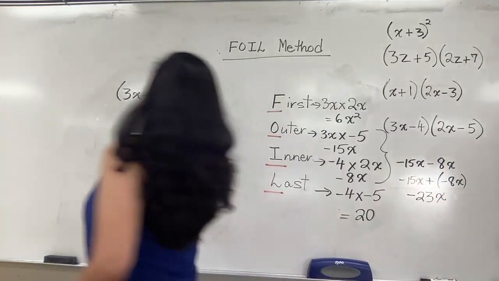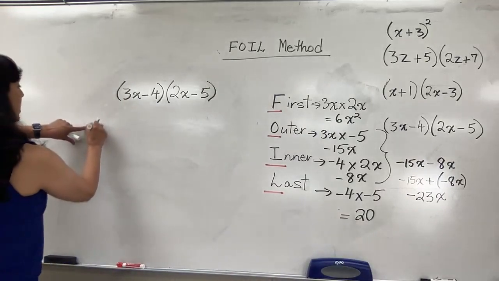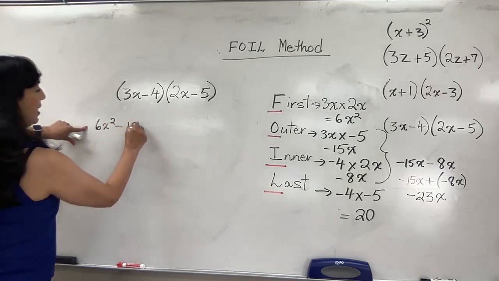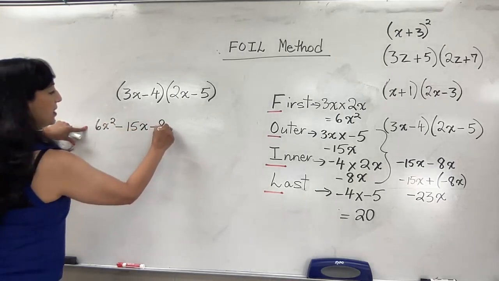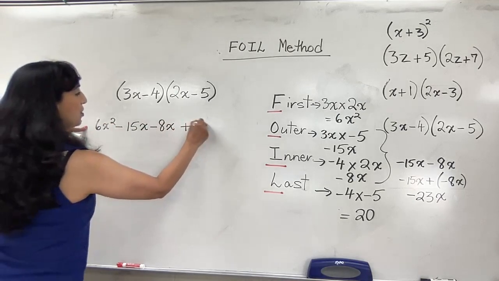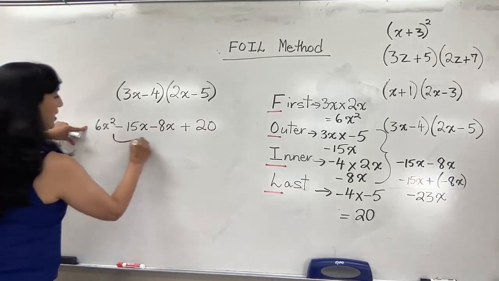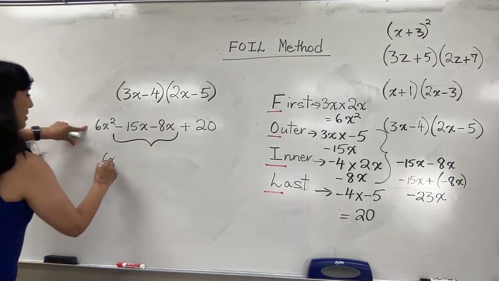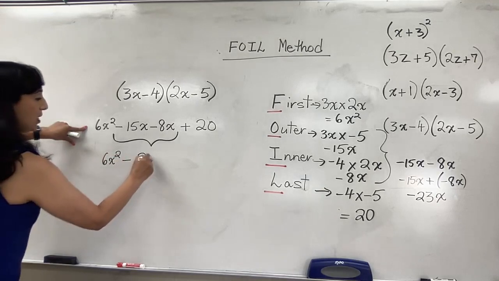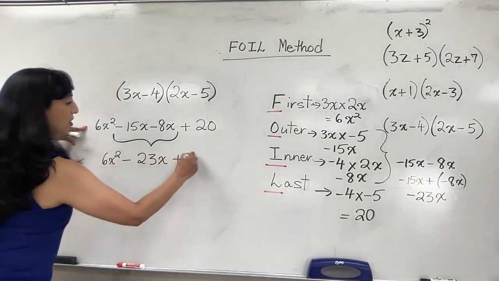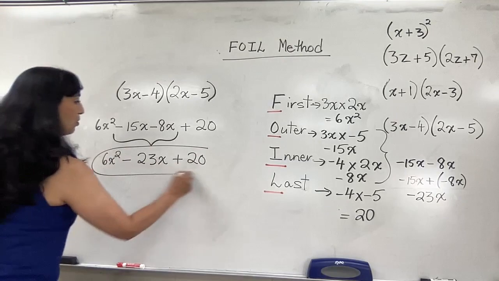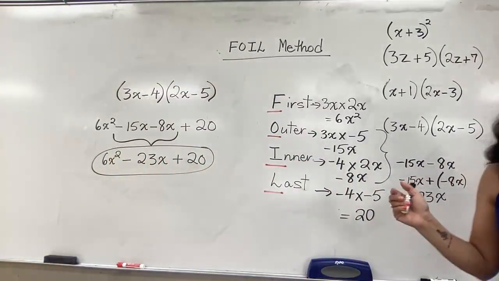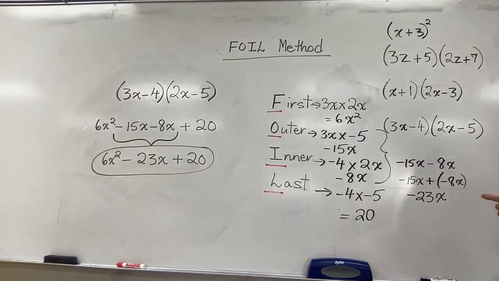And so I'm just going to write it out. I have 6x squared minus 15x minus 8x plus 20, and we already said that these two are going to be combined like I showed you over there. So we get 6x squared minus 23x plus 20, and this is going to be my final answer. As you can see, they are all unlike terms now.